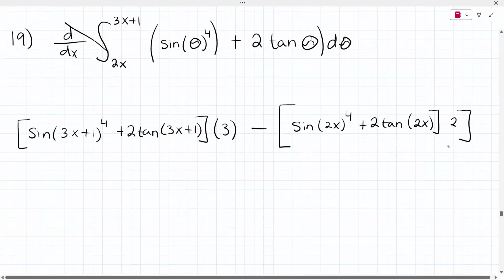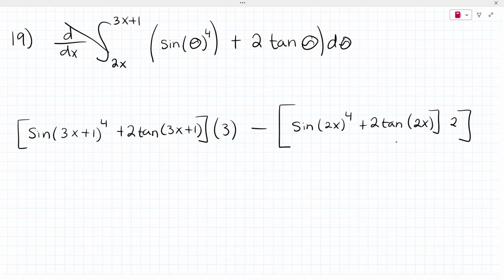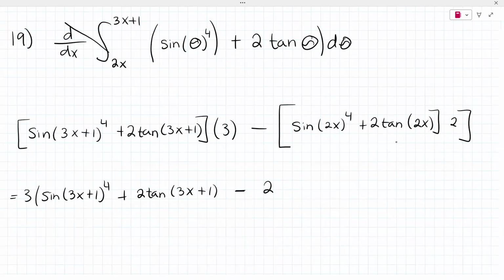Okay, so when you clean this up, let's put the 3 in front. So this would be 3 times sin of 3x plus 1 to the fourth plus 2 tan of 3x plus 1, minus 2 times sin of 2x to the fourth plus 2 tan of 2x.